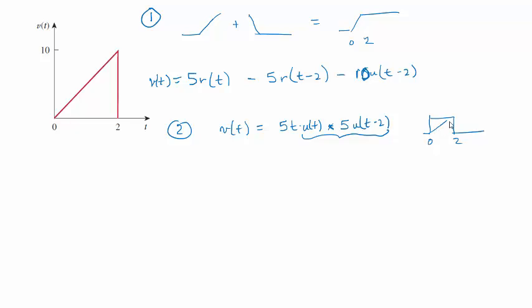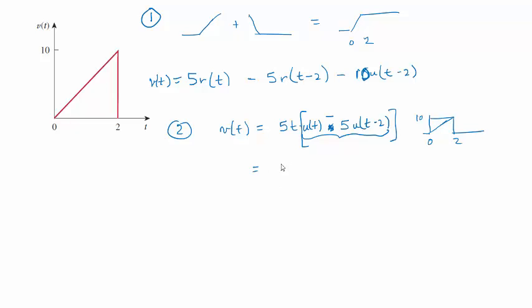So the ramp right here is existing. So we get this solution instead. And then if we do the math, we will see that this was correct. Okay, so I have a ramp times a step, so the step defines the time when it's valid.